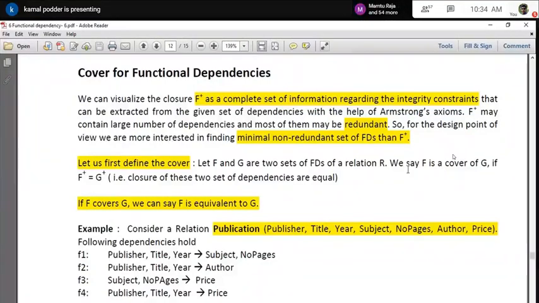That means you have identified a set of functional dependencies, and from that you find the closure F plus, that is, all possible non-redundant functional dependencies. Then you have all the information regarding the integrity constraint.